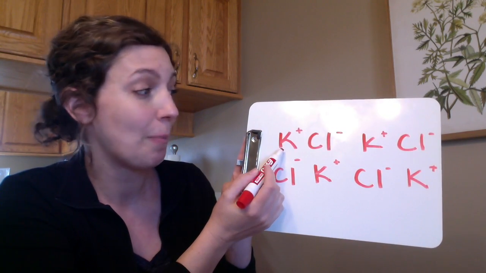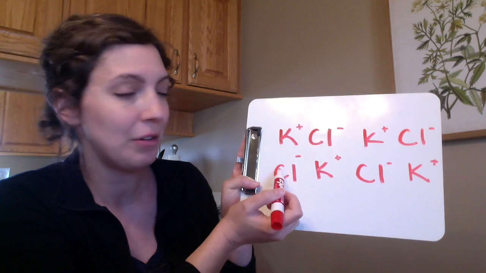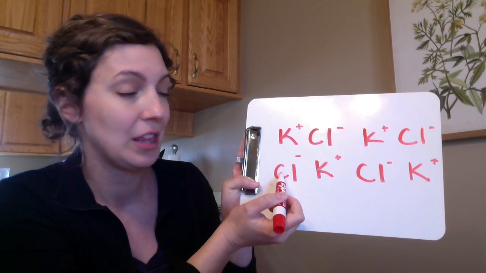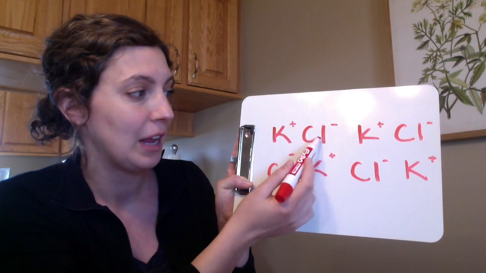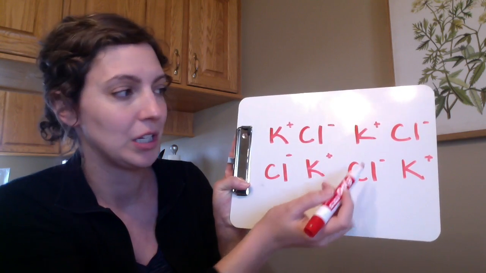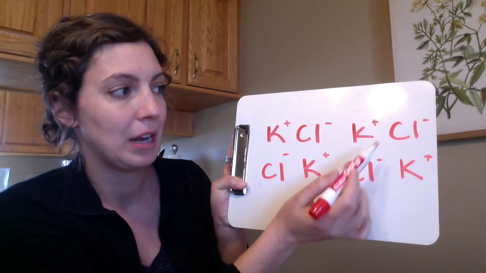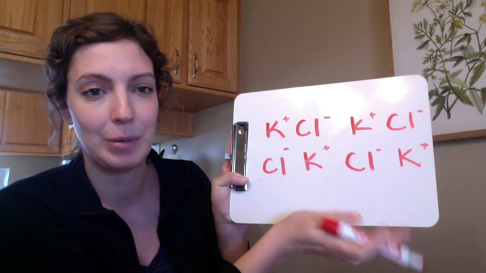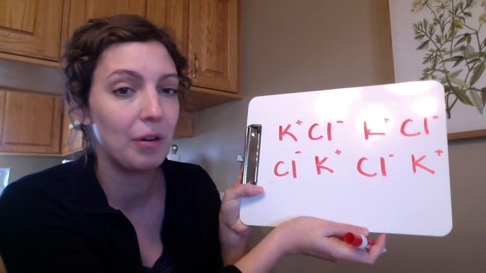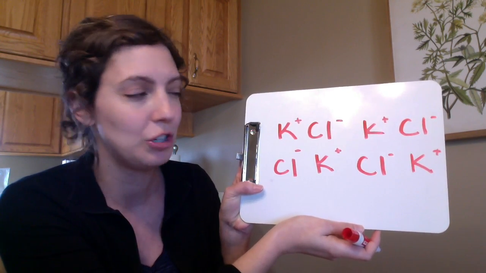So I have a positive, and then it's surrounded by some negatively charged things that are attracted to it. Here I have another positive potassium, and it's attracted to negative chlorines. Positive potassium, negative chlorines. And this chlorine, right, is attracted to these positive potassiums. So we've talked a ton about how positive and negatives are attracted to each other.